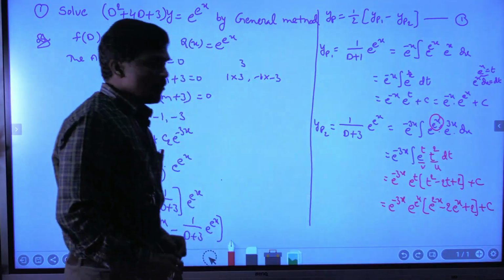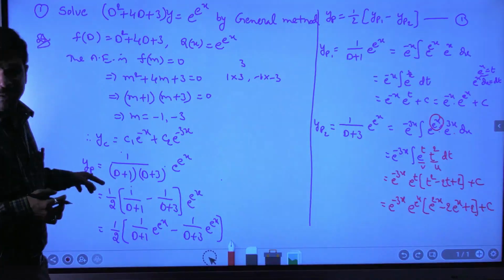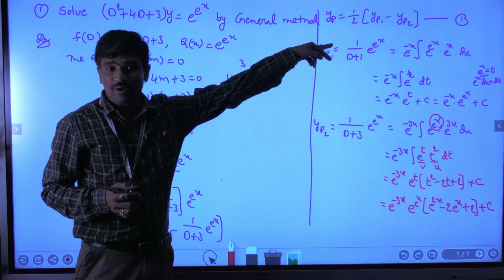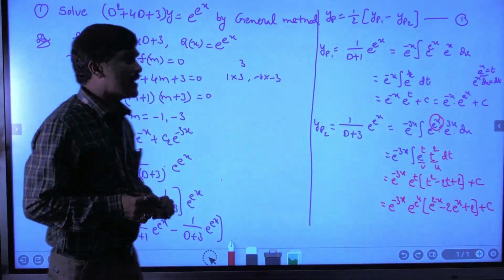So this is yp2. Finally, write the particular integral yp. From equation 1, yp is 1 by 2 into (yp1 minus yp2). Substitute yp1, yp2 in equation 1.